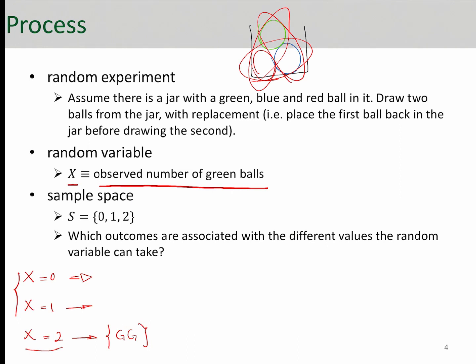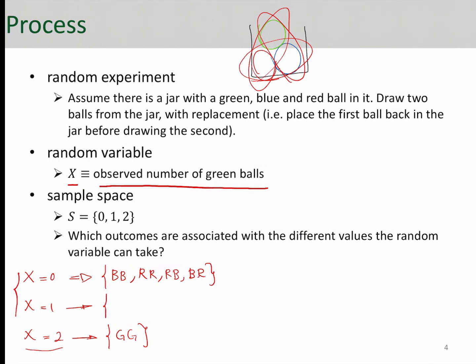So now you work on when x is equal to 0 or when x is equal to 1. So when x is equal to 0, the outcomes that result in that are blue blue, red red, red blue, or blue red. So 4 outcomes will give us x of 0.